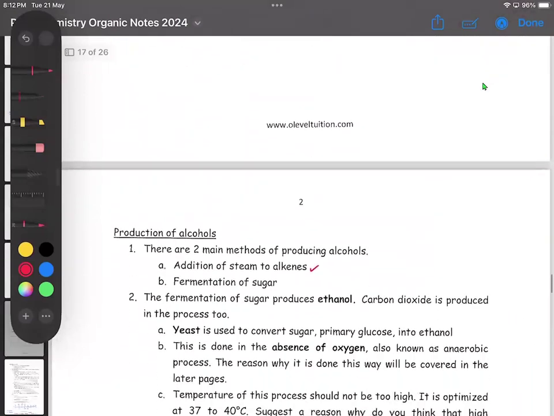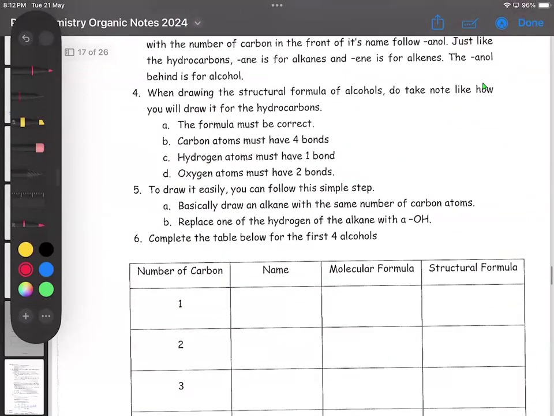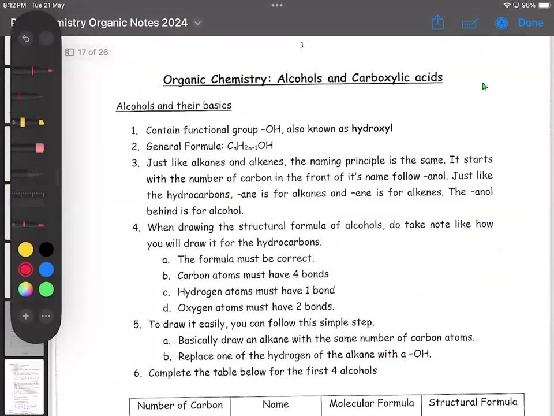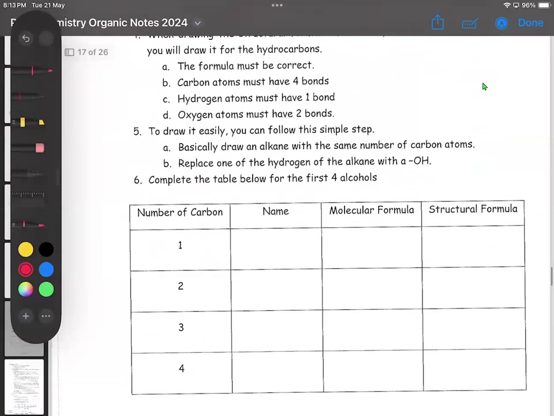Since you roughly know how the alcohol is formed, let's go to the naming. Alcohols are formed from the alkene reaction, and they have a functional group of OH. We also call it the hydroxyl group. The naming is the same as alkane and alkene. The only difference is that alkane ends with ANE, alkene ends with ENE, and alcohol ends with ANOL.